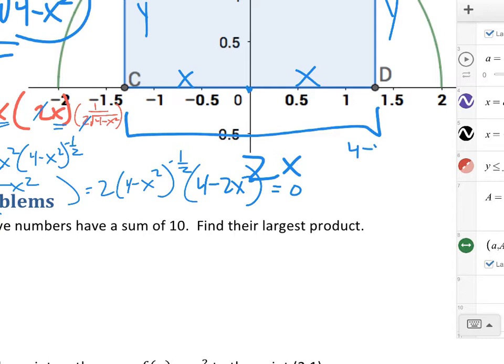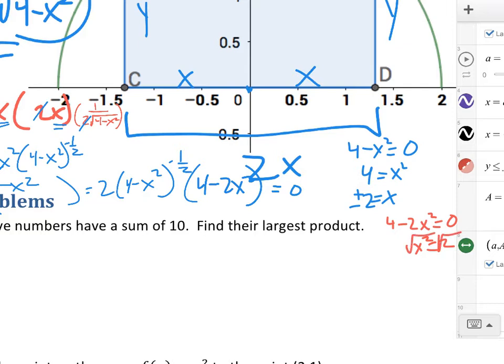So 4 minus x squared equals 0. Add x squared to both sides. Square root, x equals plus or minus 2. Our second equation, 4 minus 2x squared, let's set that equal to 0. Subtract 4 and divide by negative 2, and we get x squared equals 2.